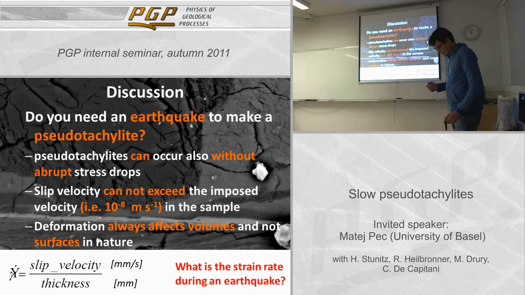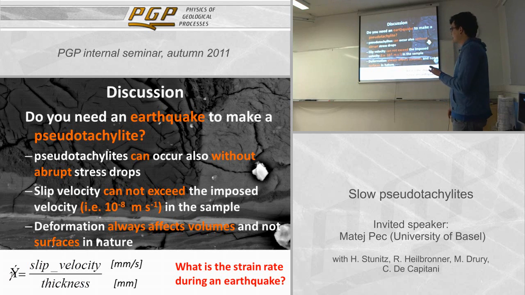I don't know entirely how this is calculated, but if the seismologists are speaking about meters per second of slip velocity, they already imply a zero volume deformation, right? Because if you have a seismogram, then you record the seismic waves, and then you use inverse modeling to figure out what was the source of this.